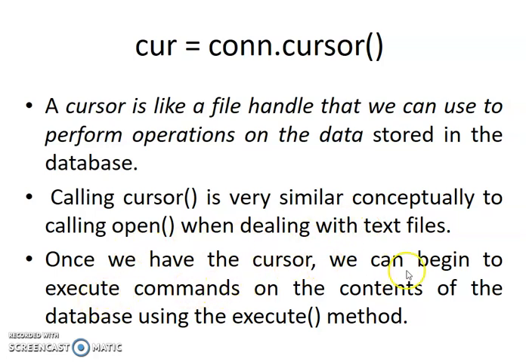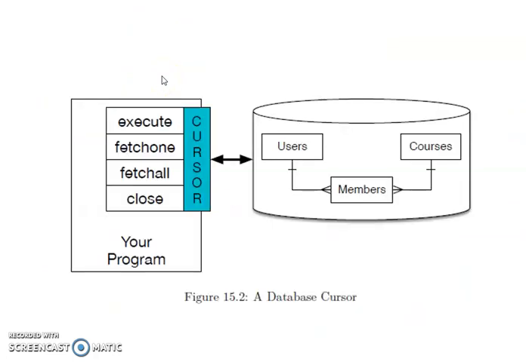Once we have a cursor, we can begin to execute commands on the contents of the database using the execute method. So we create it, the file handler is stored in this, and using this we can execute commands. This is how the database cursor looks overall: execute, fetch all, close, and this is your program. So the cursor is the main way to interact with the database.